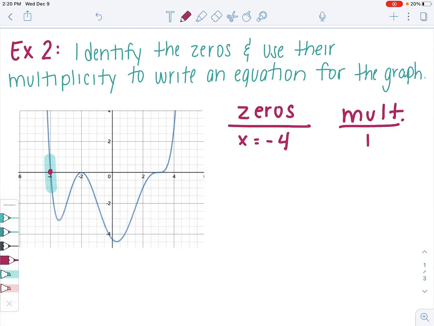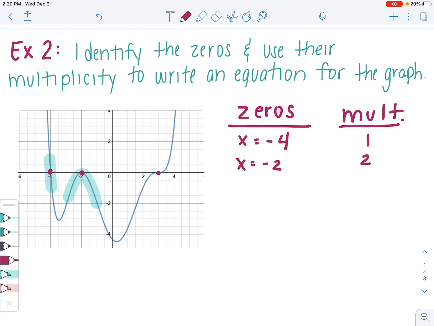My next zero is at -2, and since it's at -2, it bounces off the x-axis. Even though it's facing down, that's okay. It's bouncing off the x-axis, so that means it has a multiplicity of 2.